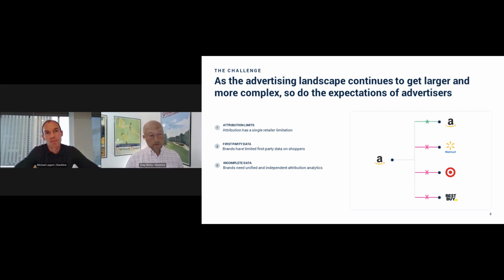And finally, wrapping up the other challenge on this slide, it's this idea of incomplete data. If you think about sitting in a meeting today as you're planning your retail media strategy, you're talking to the brand teammates that you work with, or you're an agency working with the brand, you're not always operating, actually you hardly ever are operating with a complete data set, unified analytics from a first-party perspective on what's happening across all of these retailers.